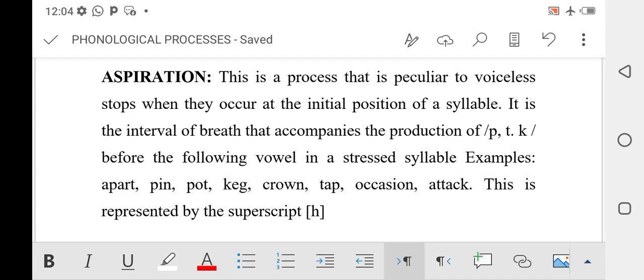It occurs when they are in the initial position of a syllable. It is the interval of breath that accompanies the production of these voiceless stops before a following vowel in a stressed syllable. Now, for example, when you have a word, that word is monosyllabic, or disyllabic, or polysyllabic.